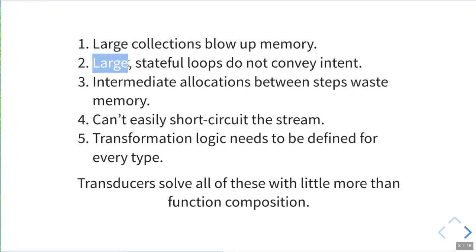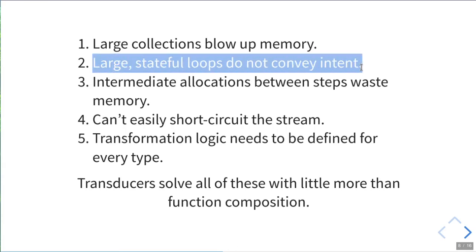A second issue that comes up is that if we were looking at a giant for loop, in particular a nested for loop or such things, it can be hard to tell just by looking at the code what it's trying to do, what it intends. If we don't go character by character or line by line, it can be hard to understand.